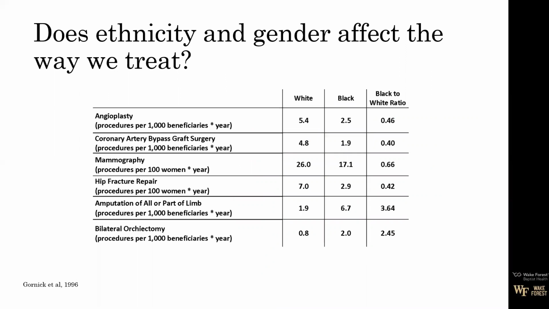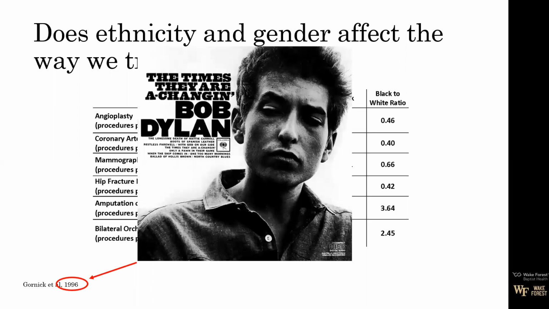So the way we treat seems to be affected by our implicit bias of ethnicity. Well, you might be thinking right now, 1996 and 1999, times are changing. It's not so much this way anymore. We are aware that racism still exists. Implicit bias is a thing, but surely we don't do this anymore.